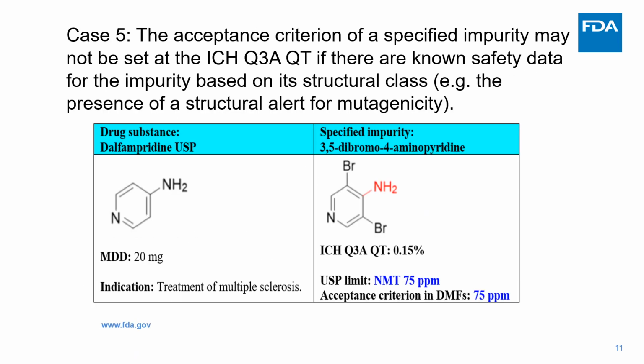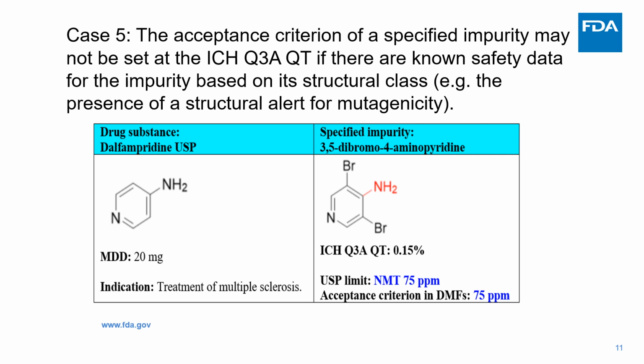Case 5. The acceptance criterion of a specified impurity may not be set at the ICH qualification threshold if there are known safety data for the impurity based on its structural class. For example, the presence of a structural alert for mutagenicity. For instance, for the drug substance dalfampridine, it has a USP monograph.